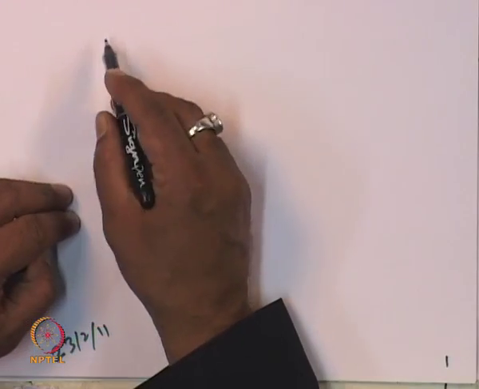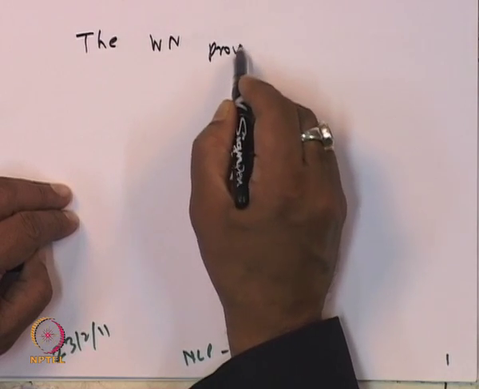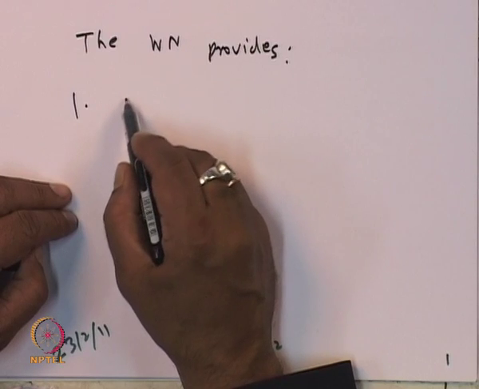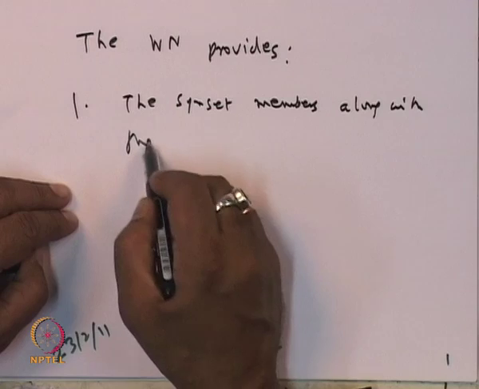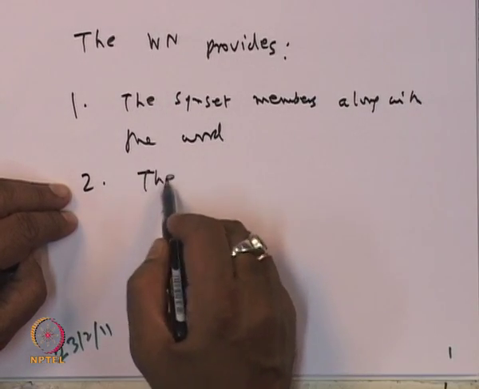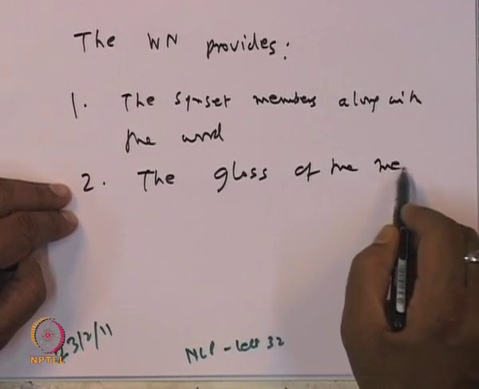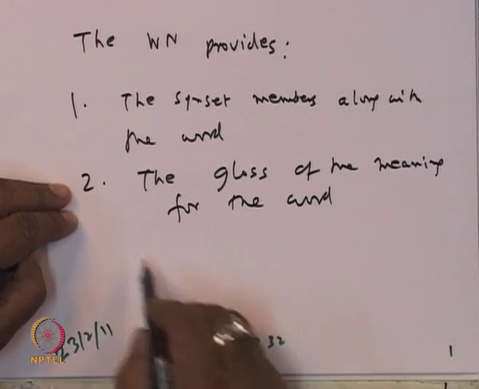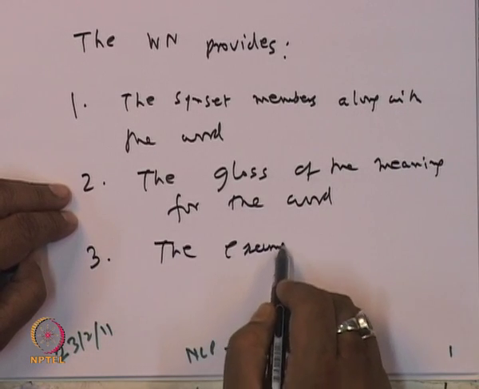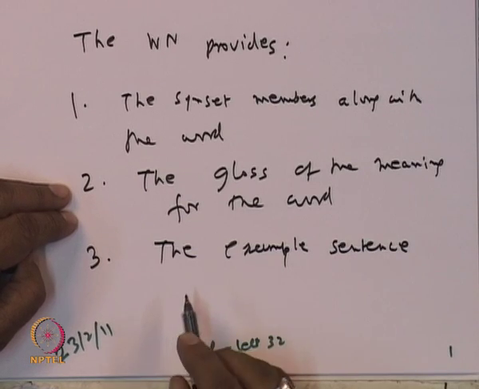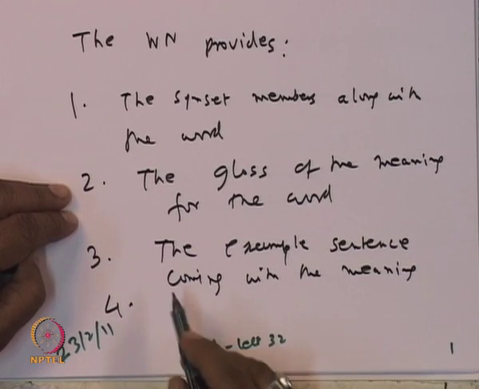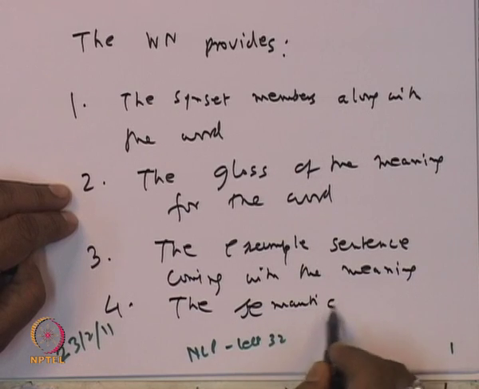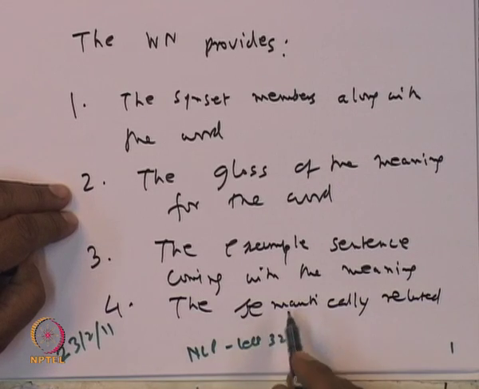So, I will write them down for the purpose of enumeration. WordNet provides: one, the synset members along with the word; two, the gloss of the meaning for the word; three, the example sentence coming with the meaning; and four, the semantically related concepts.